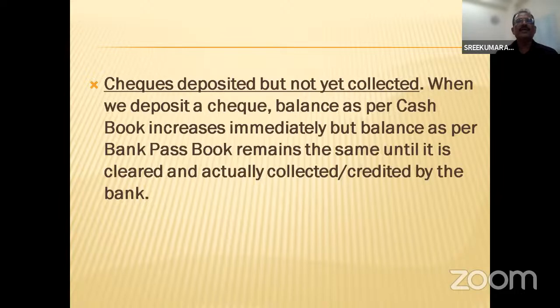When we deposit a check, the balance as per the cash book increases immediately, but the balance as per the bank passbook remains the same until it is cleared and actually collected, credited by the bank. So there is a difference in the closing balance because of the time the bank takes.